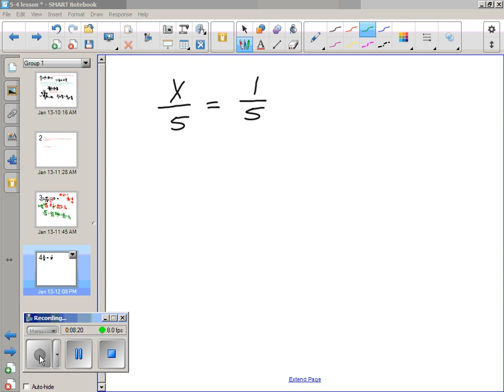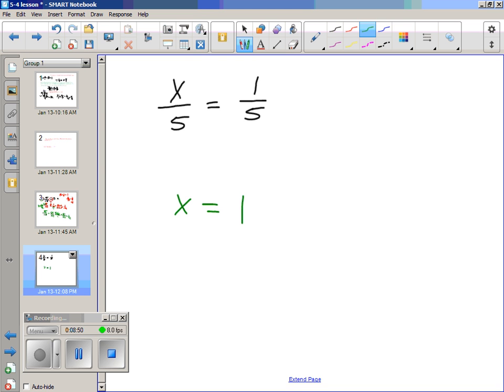Some of you are going to be so mad at me at this, but look at this. Whatever you do to the bottom, we have to do to the top. 5 times 1 is 5. So we multiply by 1, and 1 times 1 is 1. I bet you anything when I get done with this that my x has to be equal to 1. It has to, right? Doesn't 1/5 have to equal 1/5?